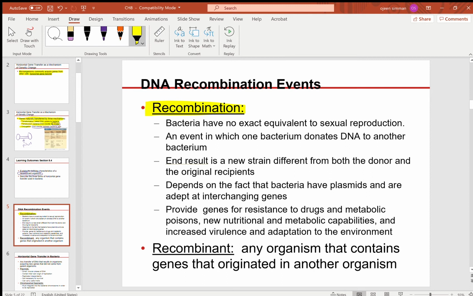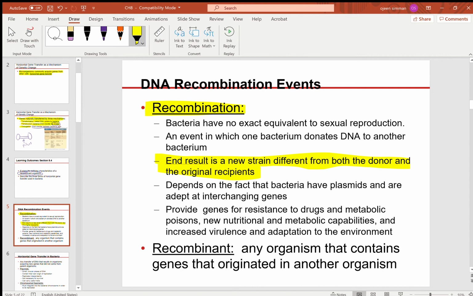However, they can transfer and donate DNA from one bacteria to another. The end result of all this is formation of a new strain that is different from both the donor and from the original recipient.